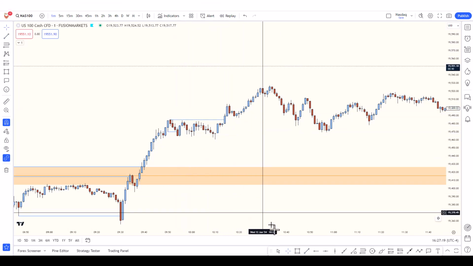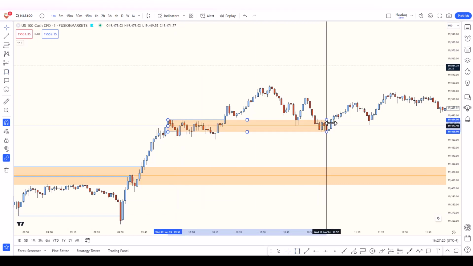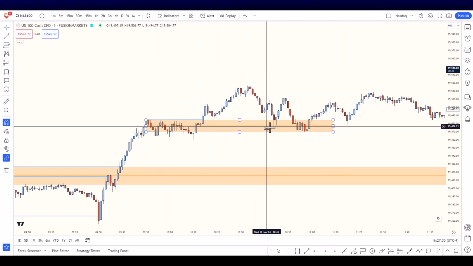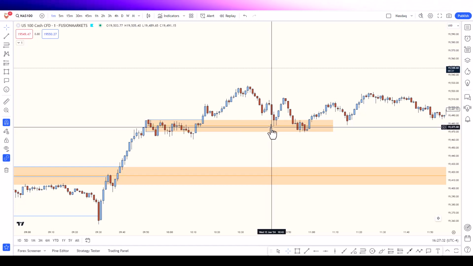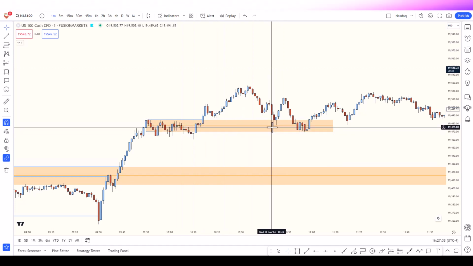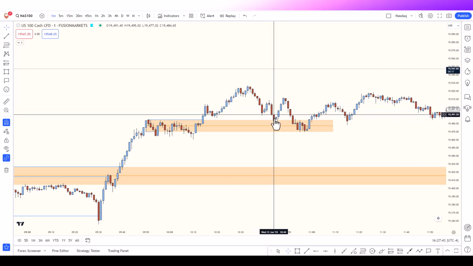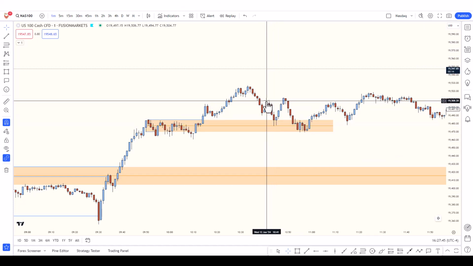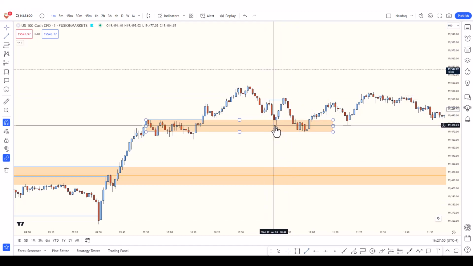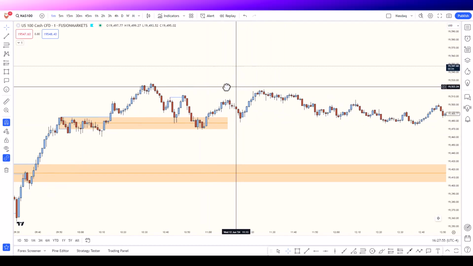So now we're taking this as our flip zone, and remember, every time we're mitigating that 50% of the flip, we enter below the 50% here, and we target the last high or the low that put price into mitigation. Entry here, exit here.